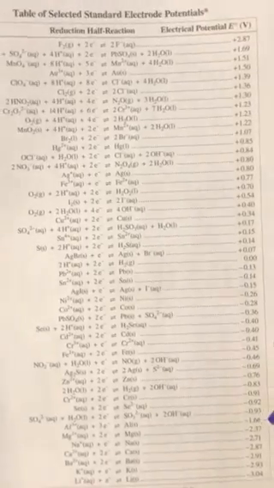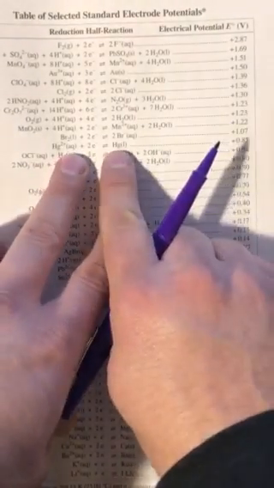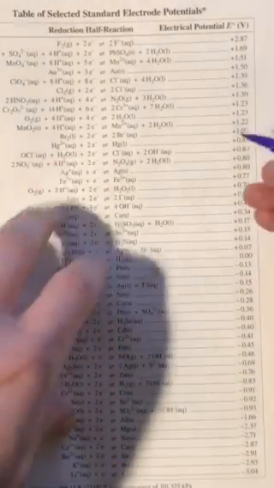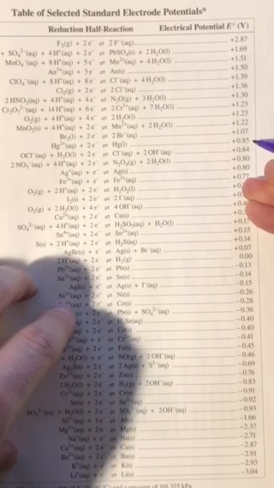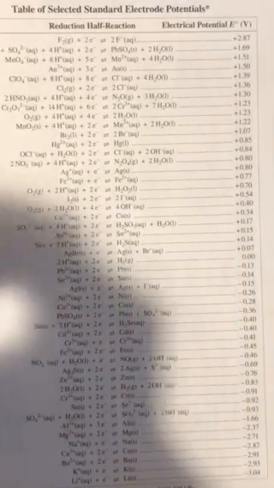And what that basically means, and it's relatively simple once you figure it out, is that here is our mercury 2 half cell, which has a reduction potential of 0.85. What that basically means is that this is going to become 0. I'm going to grab a pencil to write that in so I can erase it later.